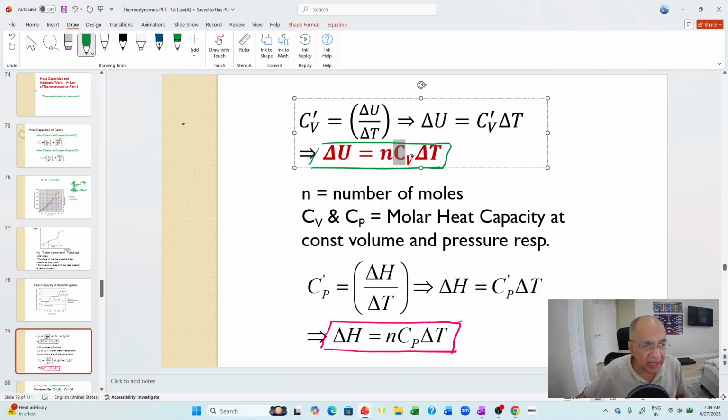But Cv, the molar heat capacity, is an intensive property. So multiplied by n number of moles, that gives you Cv prime, and del T. Similarly, del H is equal to n Cp del T, that we have studied.